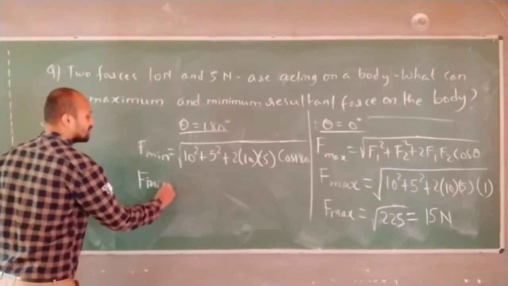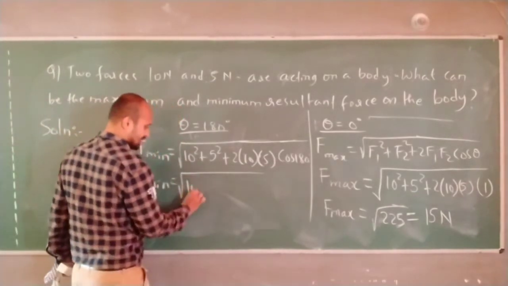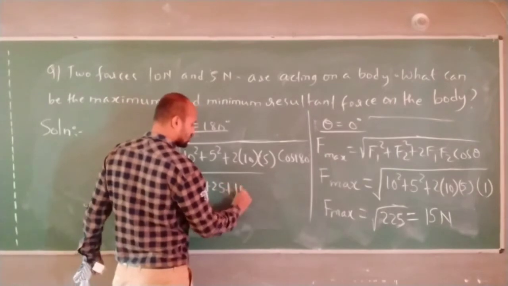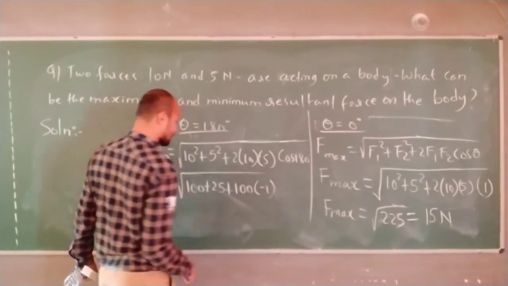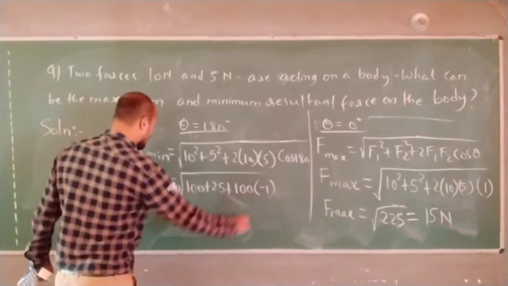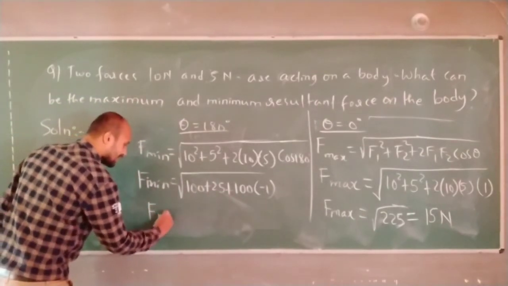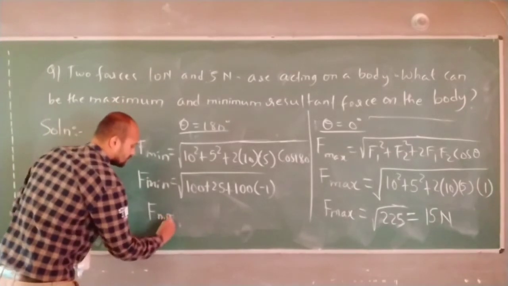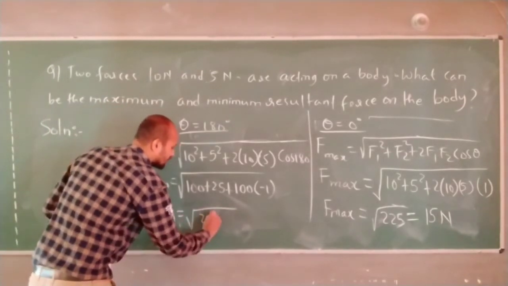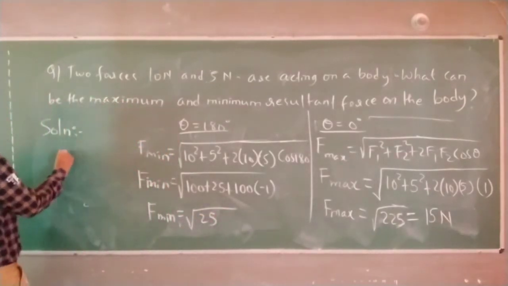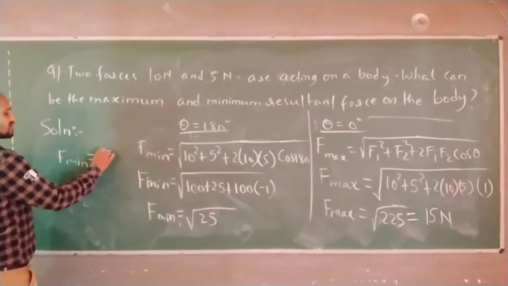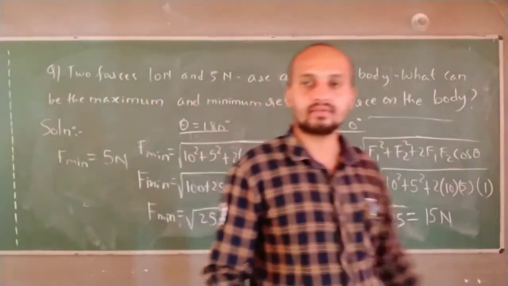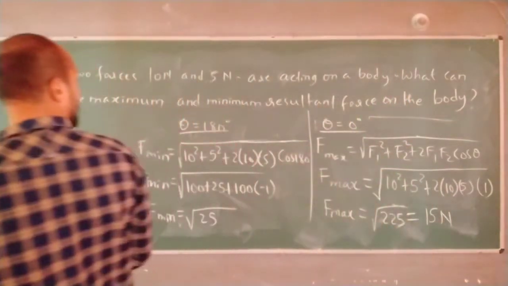So F minimum will be 100 plus 25 plus 100 into minus 1. When it is minus 1, this will get cancelled. You will get it as 25. So F minimum force is how much? 5 Newton. Or else whatever derivation I have given, you can apply directly there. These are the two.